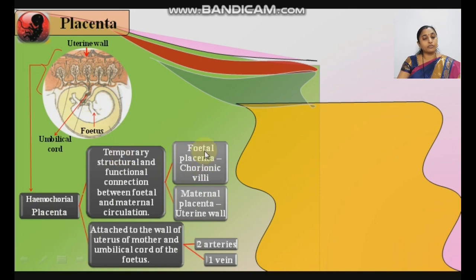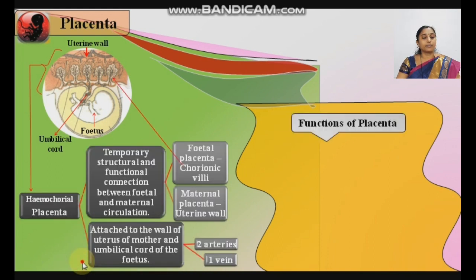The part of the placenta that is chorionic villi is the fetal placenta, and the uterine wall is the maternal placenta. These two together are the hemochorial placenta. The umbilical cord contains blood vessels, 2 arteries and 1 vein, which help in the exchange of material and in the blood circulation.